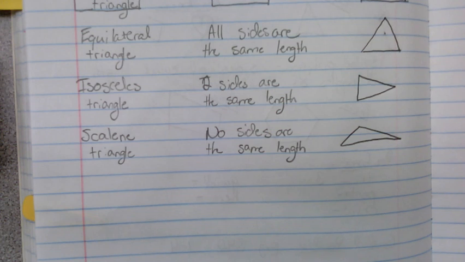So those are our three types of triangles, and that can be classified by length. Now there are three types of triangles that can be classified by angles.